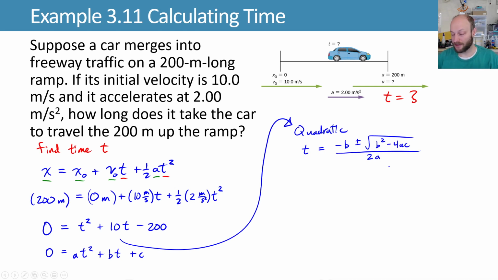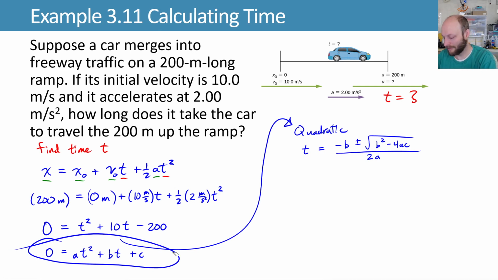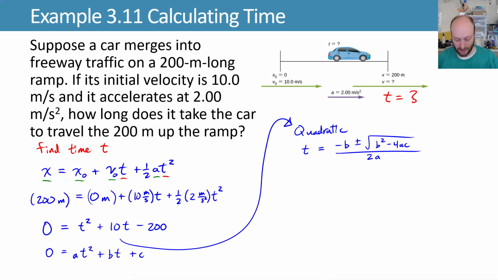And you can derive this yourself by solving this in the general case by trying to factor stuff out, and feel free to do that, but we're just going to start with this formula. So in our situation here, my a value is just whatever the coefficient here is, which when there's nothing by it is 1. So we end up with a equals 1, b is 10, and c is negative 200. And we plug those in.